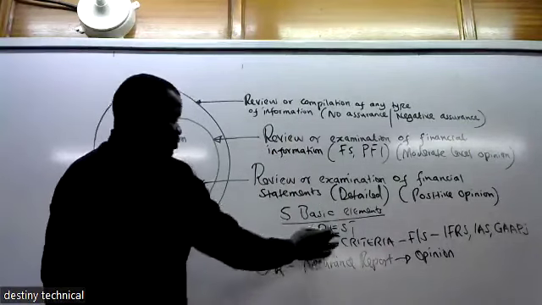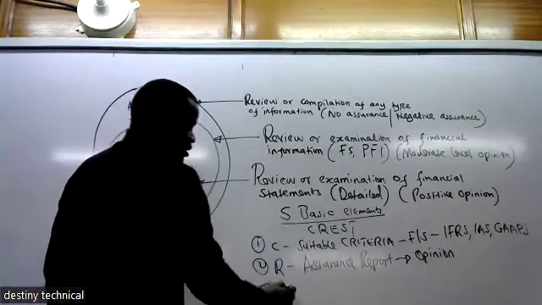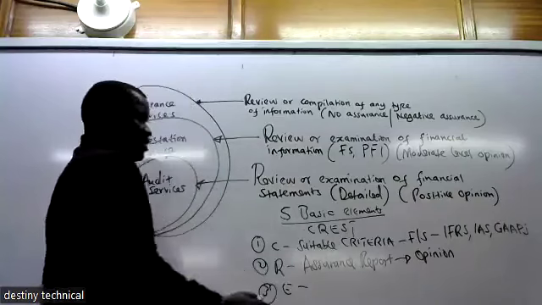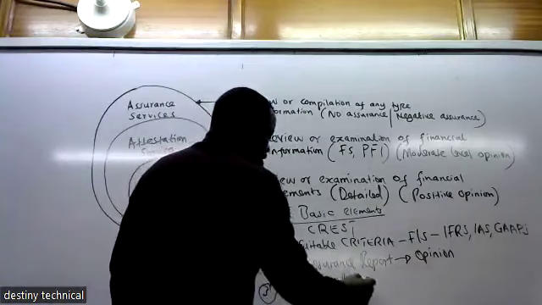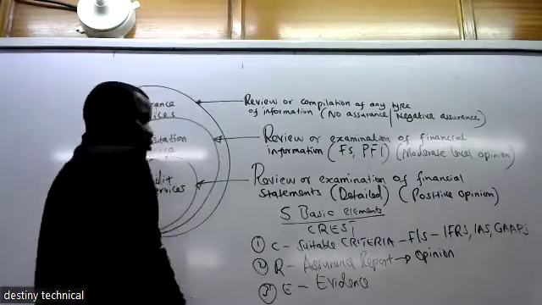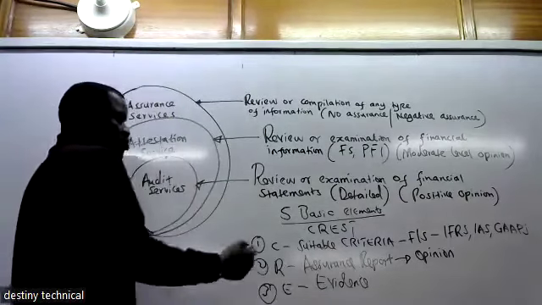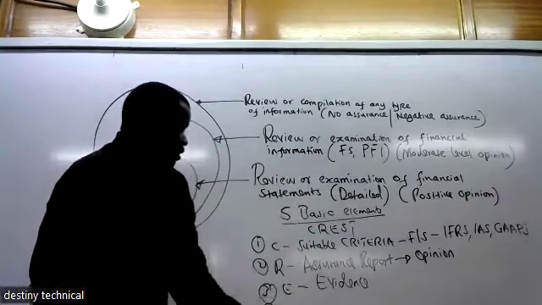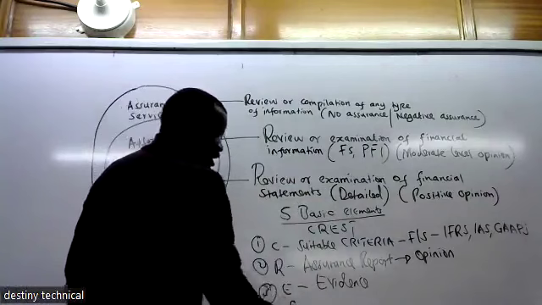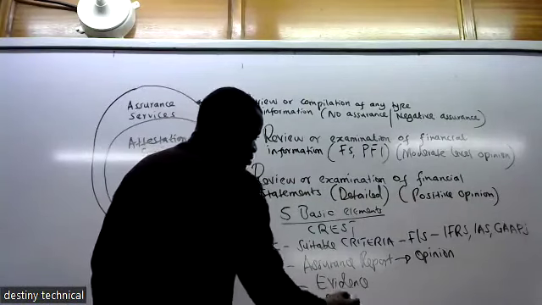Next we have the E, number 3. It stands for evidence. In all assurance engagements, there must be evidence, which are the facts and information that enable the practitioner to conclude about the subject matter.